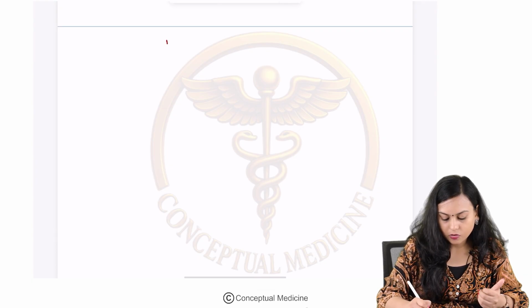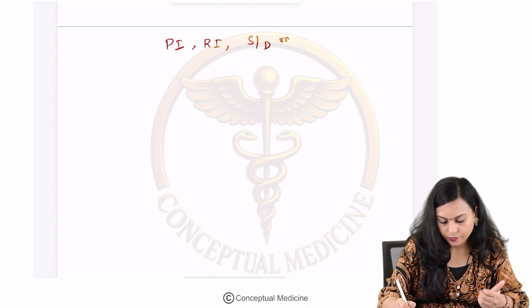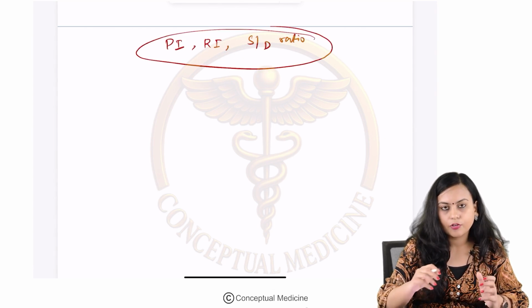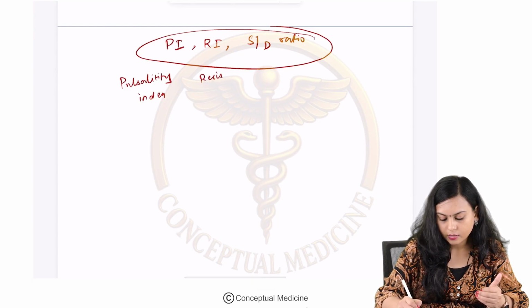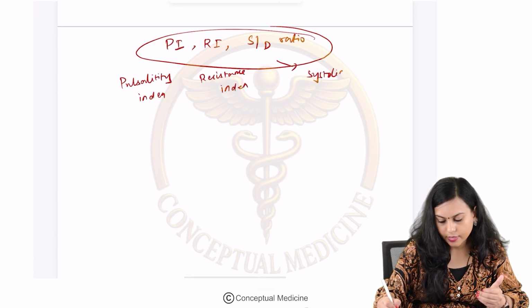We have some indices called pulsatility index, resistance index and systolic diastolic ratio. Just know the names, we are not going into the detail.